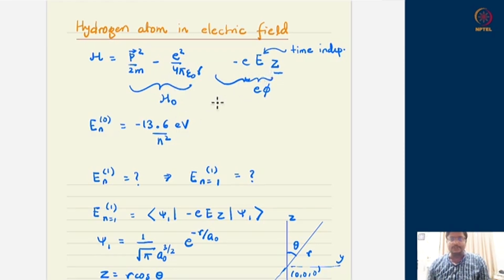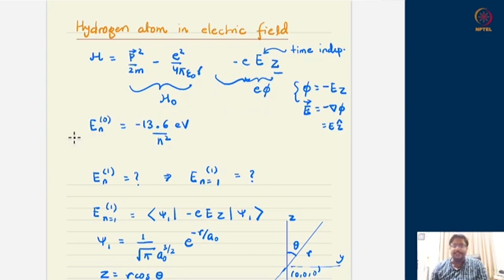And now due to the application of the externally applied electric field, there is another term, which is the electric charge times the potential of the electric field, E phi. Phi happens to be minus E times Z. That means the electric field is minus the gradient of phi, which is equal to E along the Z direction. So this is how the Hamiltonian of such a system is written.